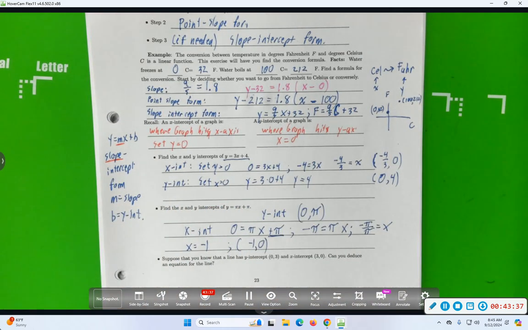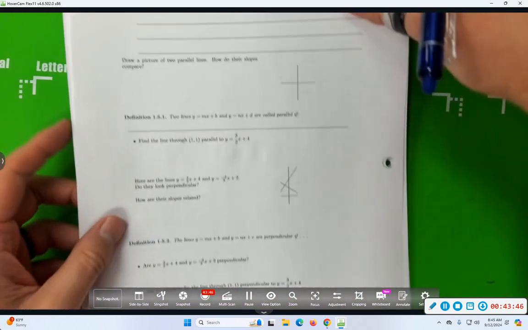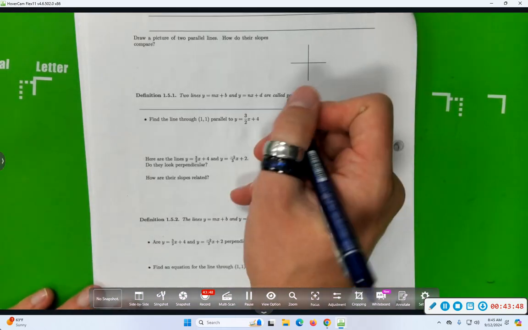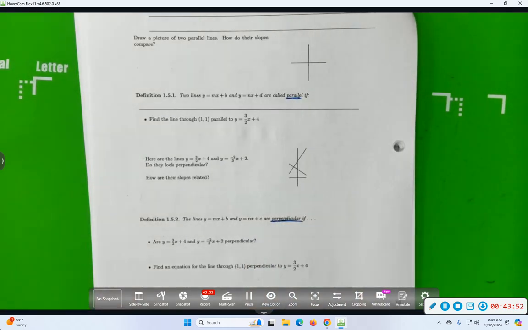Cool. All right. With my last 5 minutes, I think I want to introduce 2 new words, parallel and perpendicular.